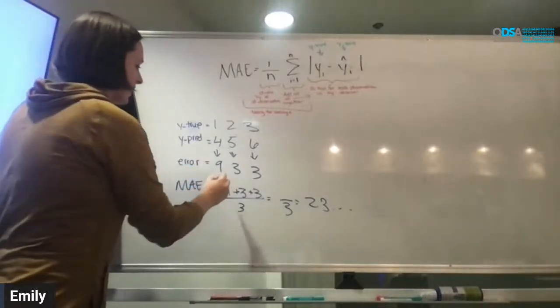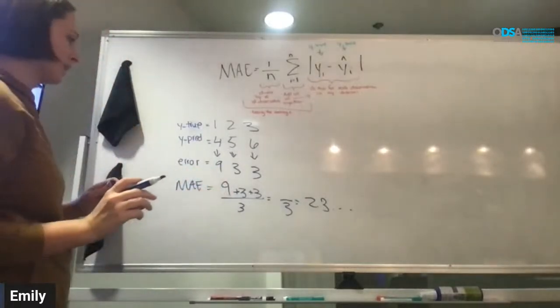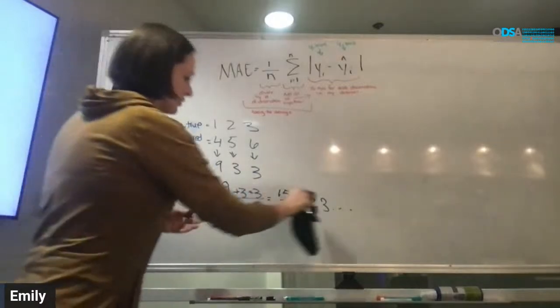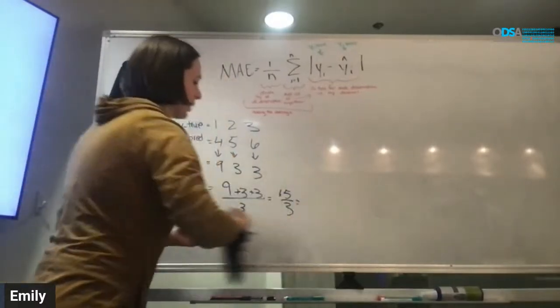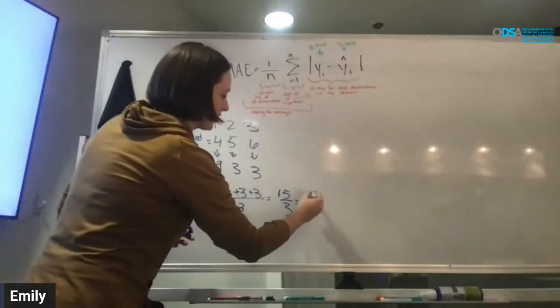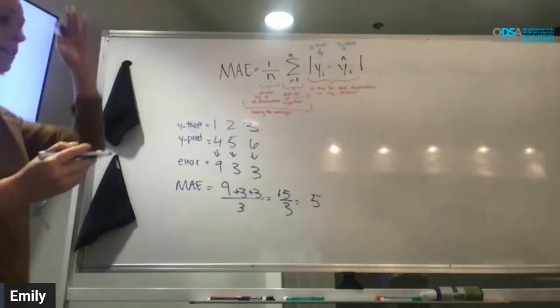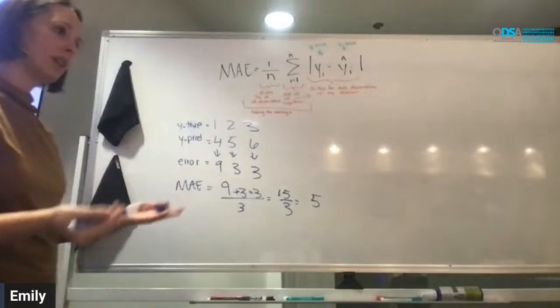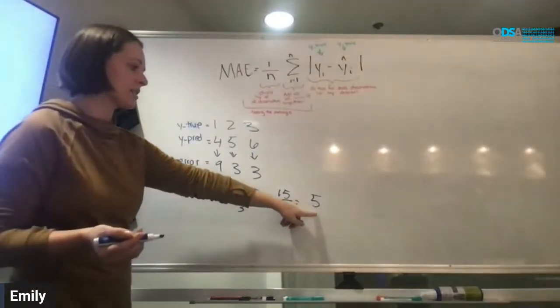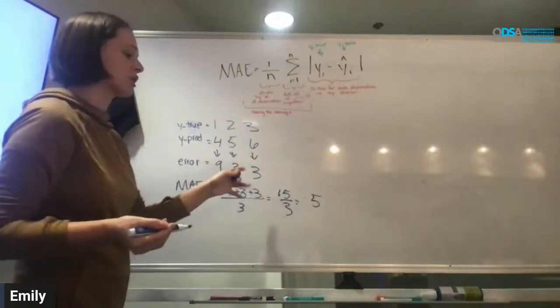So now this is 9 plus 3 plus 3, 15 divided by 3, which is 5. There we go. Our error went up. Even though we have 2 that are 3, the one time we did really badly, it counted a lot against us because it's averaging across these numbers.